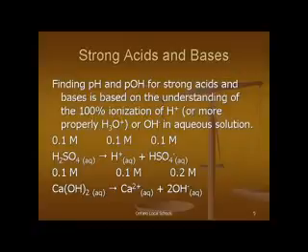The subscript 2 would be multiplied by that concentration to get the concentration of the individual ion. So that's very important when you're dealing with strong bases that have more than one hydroxide ion per formula unit. Be sure to multiply the original concentration by the subscript of the hydroxides to get the true value of the hydroxide ion concentration.